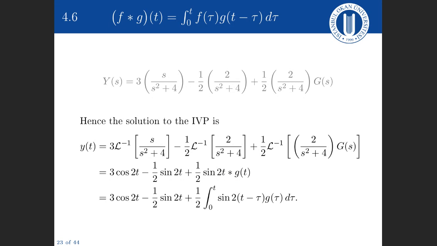Or we could write this in terms of an integral. For any function g of t, this is the solution to the initial value problem. If later on we find out what g of t is, we just need to substitute that into the integral, calculate the integral, and we've got our solution.